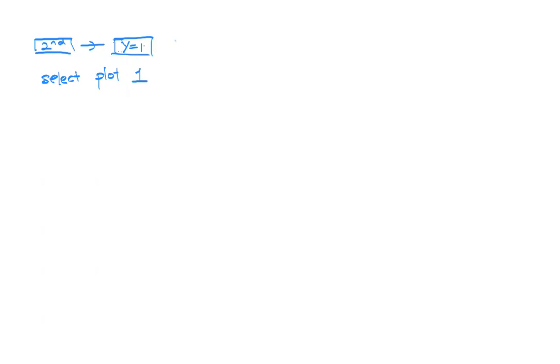When Plot 1 comes, the first one you have to bring your cursor to On and press enter. Then you move to the other one, Type. You select the first one, which is the dot. So you select this one. Then after that, what is it?